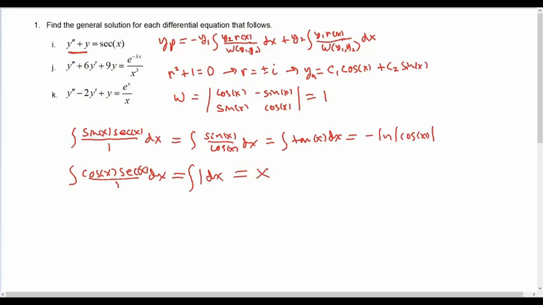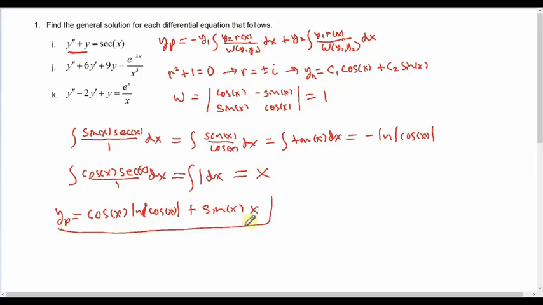And so now I plug back into my formula up here. And so here's my particular solution. It's y1, which is cosine, and it was negative, but then there's a negative here, so the two negatives are going to go away, times what I got from the integral, absolute value cosine x, and then y2, which is sine, times what I got from the integral.